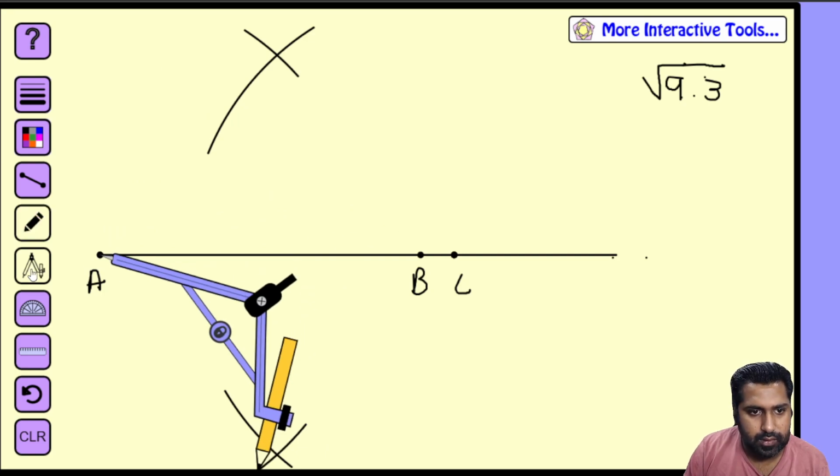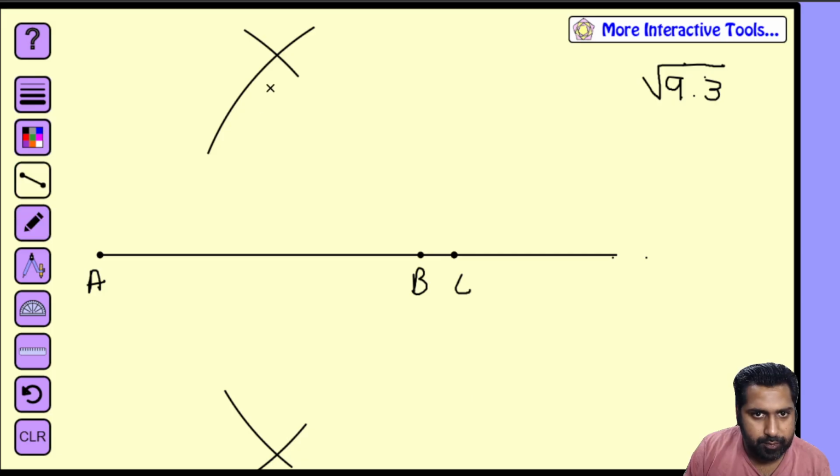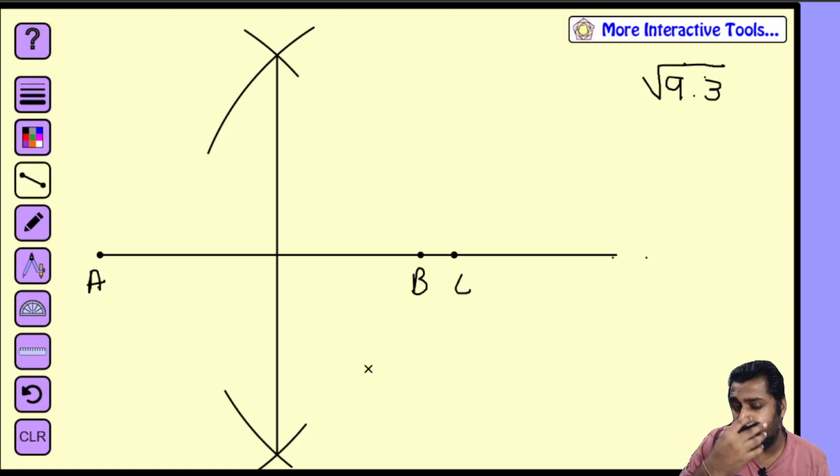Okay, join them. So we get ourselves a perpendicular bisector.